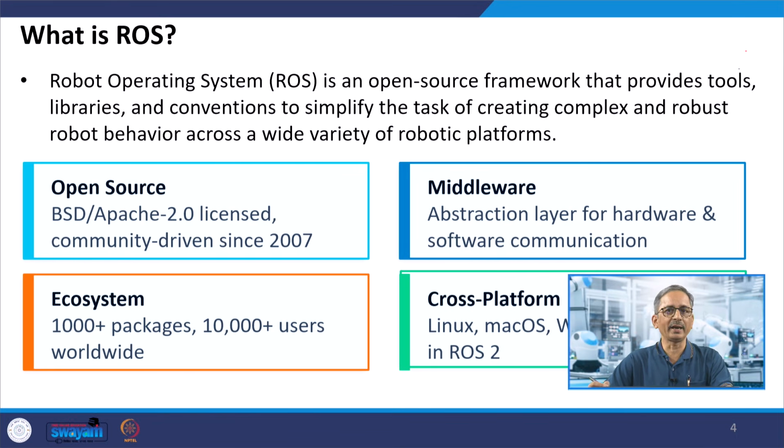Here are some of the features which ROS has. It is open source software, and it is a middleware in the sense that it is not an operating system, but something in between your operating system and the hardware. It has a very good ecosystem, having more than 1000 packages and 10,000 users worldwide, and it is cross platform compatible.